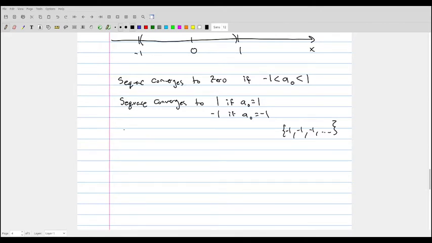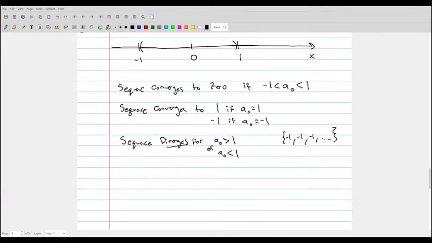The last thing that we have is that it diverges for any a value strictly greater than 1, or any a value less than -1. The limit's positive infinity.